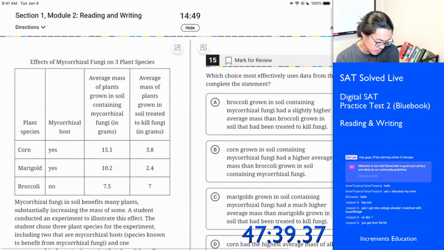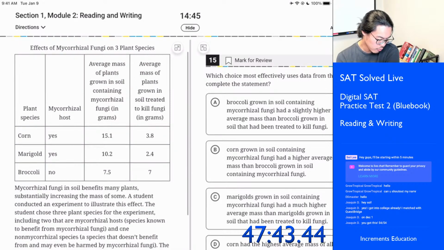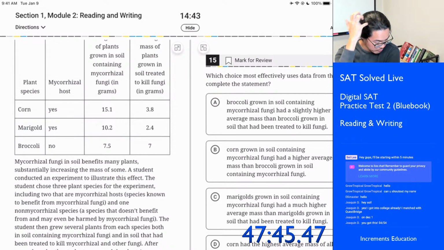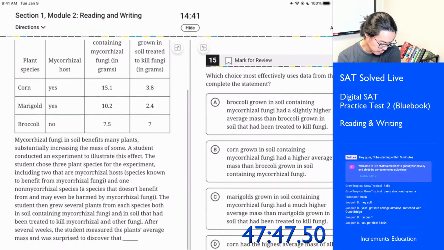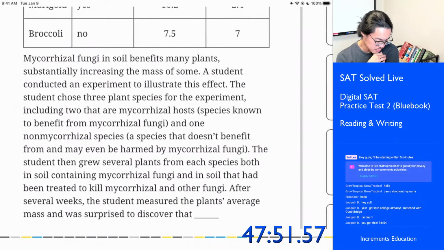So the mycorrhizal host leads to greater growth if they have mycorrhizal fungi, increasing the mass. 2 are mycorrhizal hosts and 1 isn't. It may even be harmed by mycorrhizal fungi.